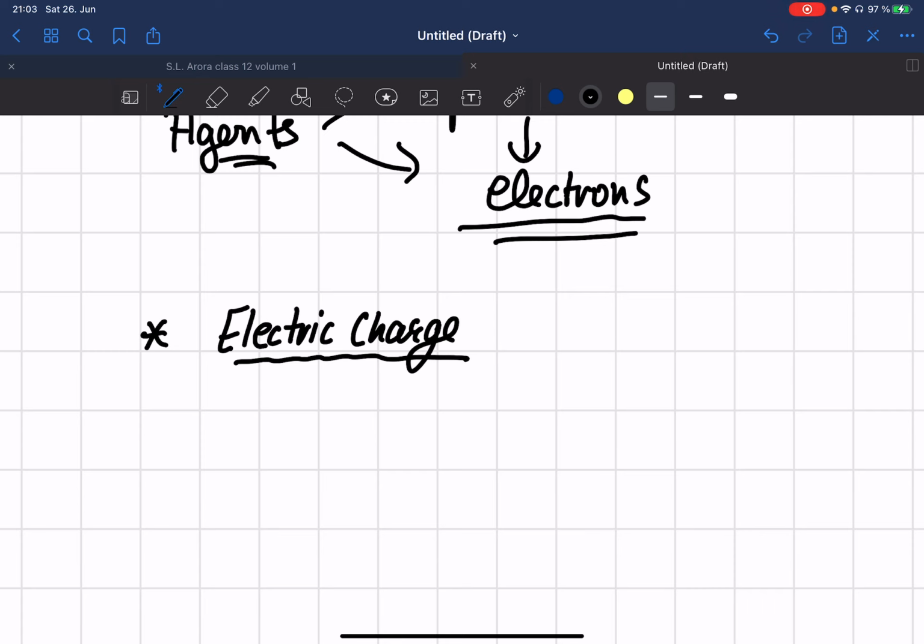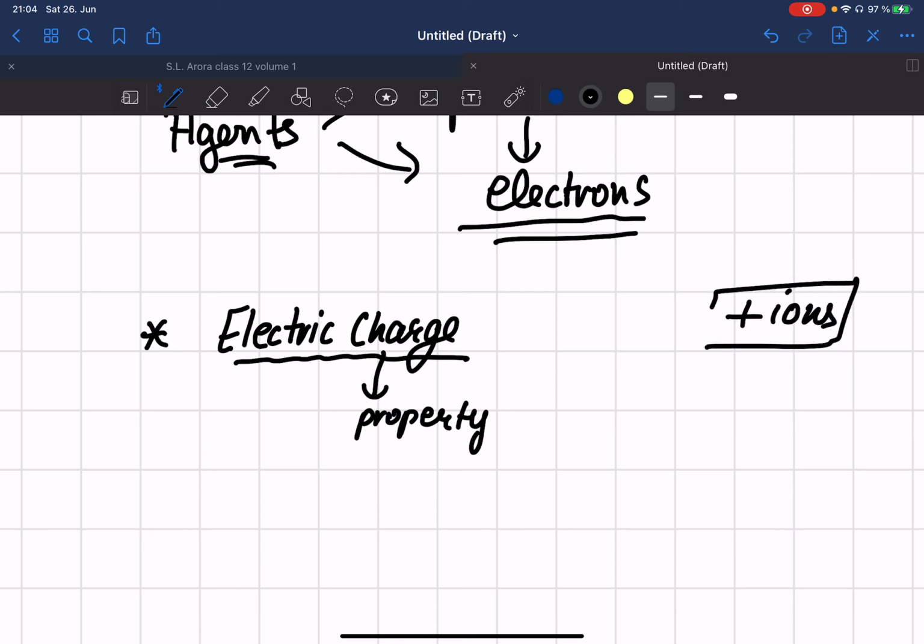Electric charge is basically a property. For example, metals have lustre, being lustrous is their property. Metals are shiny; they tend to be shiny if they are rubbed or greased properly. Metals tend to form positive ions.